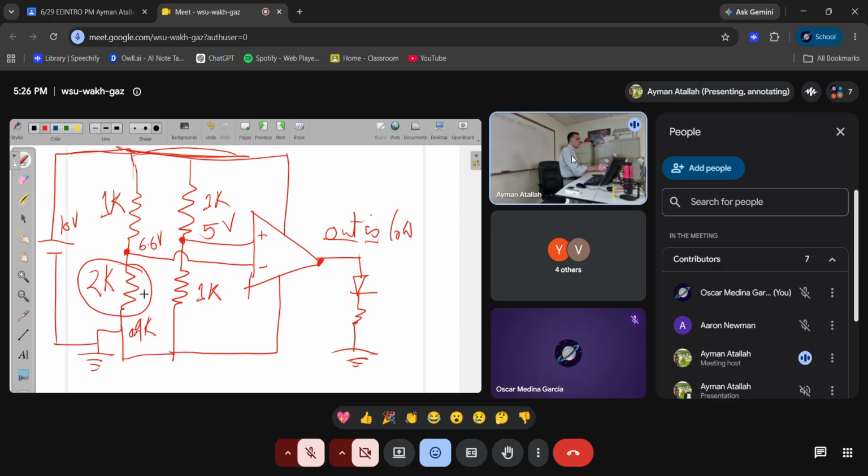Or it could be a thermistor, used to detect the temperature of a container or anything. So if its resistance decreased to a certain level, it has to be controlled with this, adjusted with this. So the output will be high, indicating that the temperature reached a specific value.